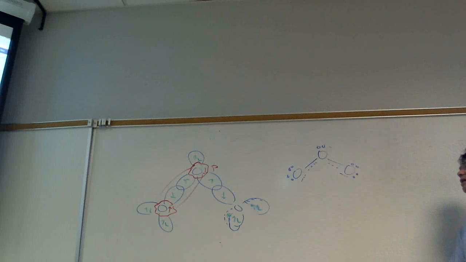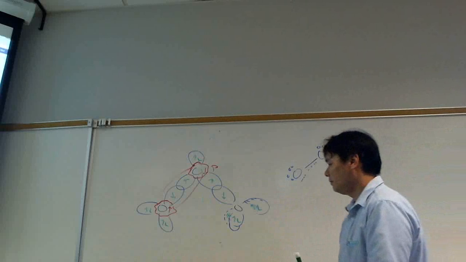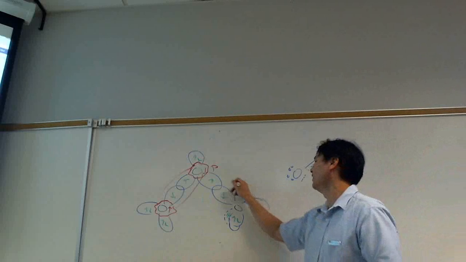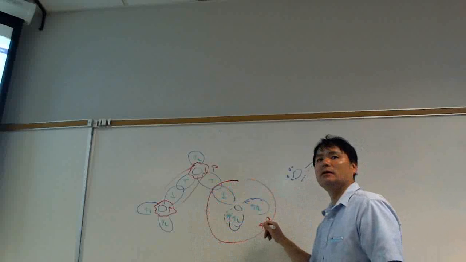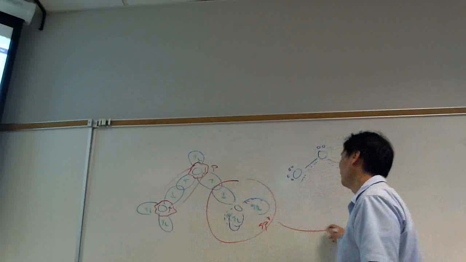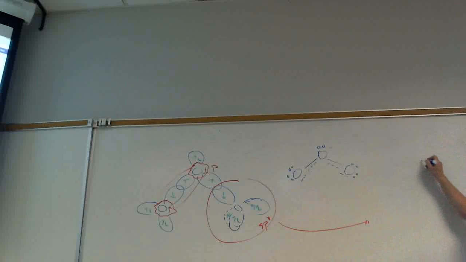Okay, so this is what we can do here. To generate the hybrid, normally this should be sp3, right? But what we're going to do is instead hybridize it sp2.